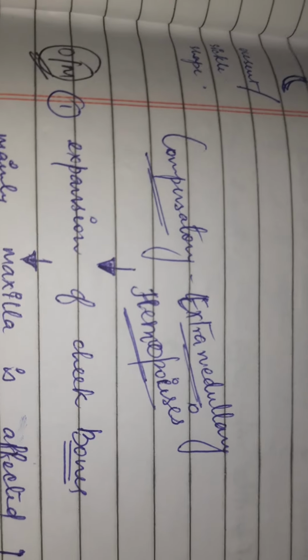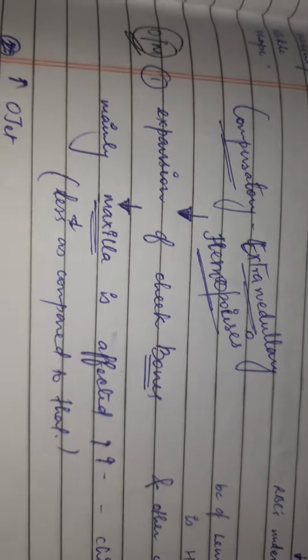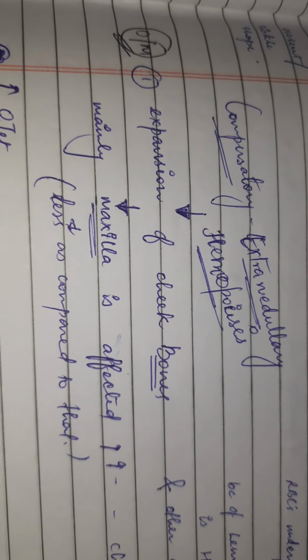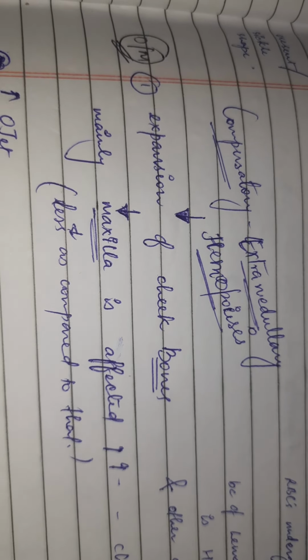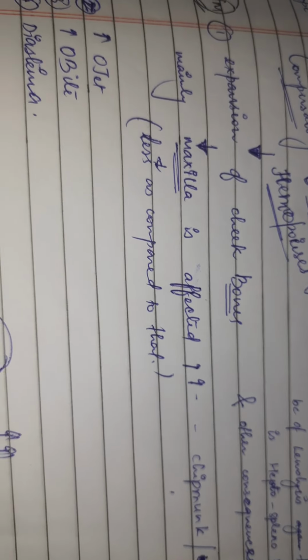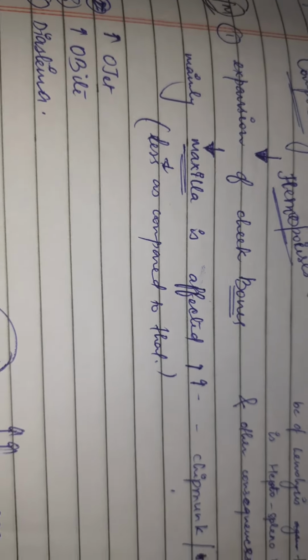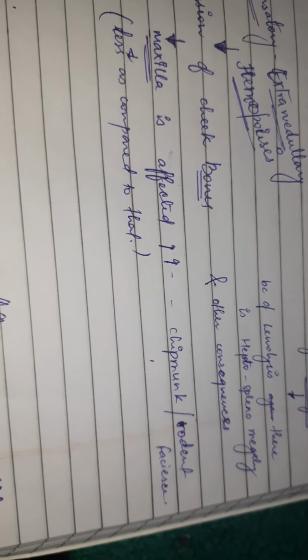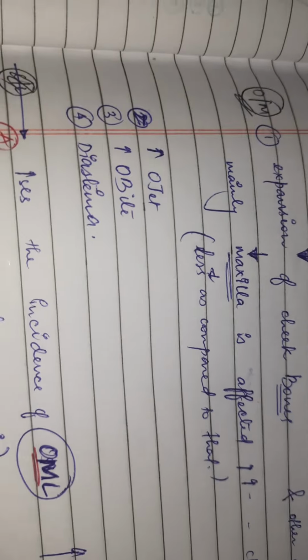So here also compensatory extramedullary hemopoiesis gets activated, and the first oral manifestation is expansion of the cheekbone, mainly the maxilla, though increased less as compared to thalassemia. Chipmunk or rodent facies will appear.